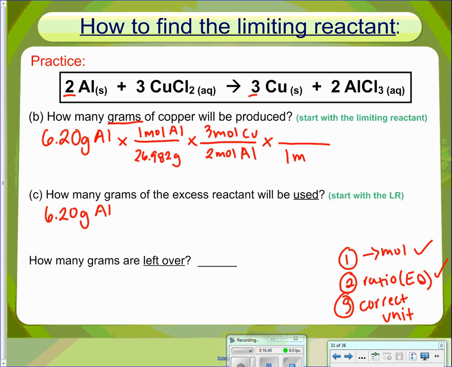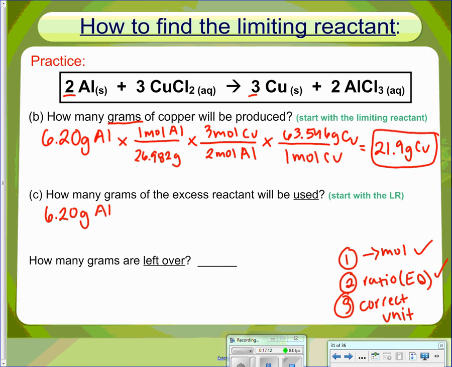So for every 1 mole of copper, I have 63.546 grams of copper. That's just coming from the periodic table. Multiplying across the top, dividing by the bottom, rounding to 3 sig figs, I get 21.9 grams of copper. And that is my final answer.